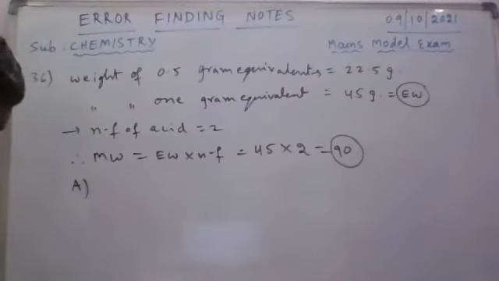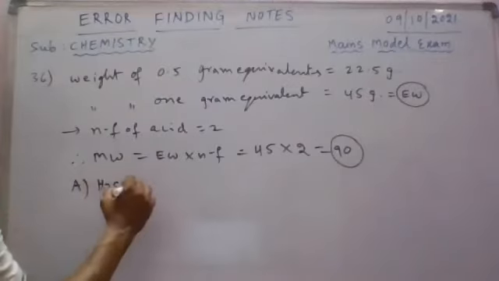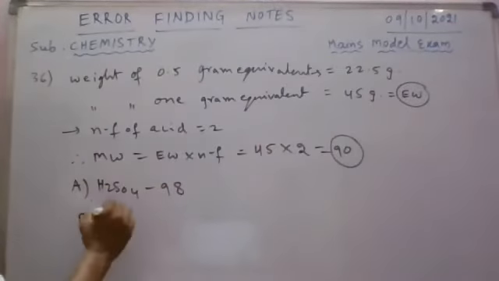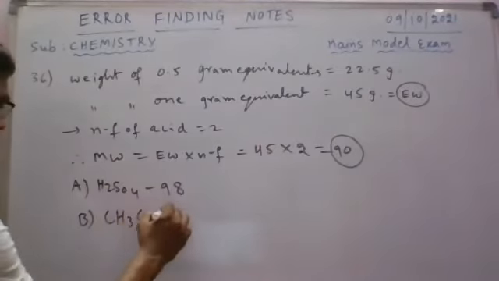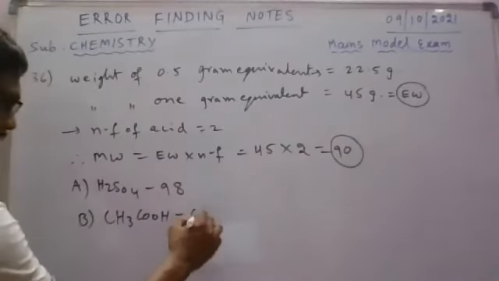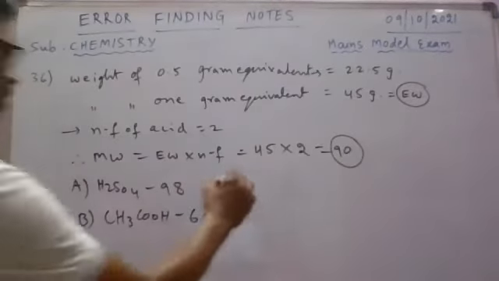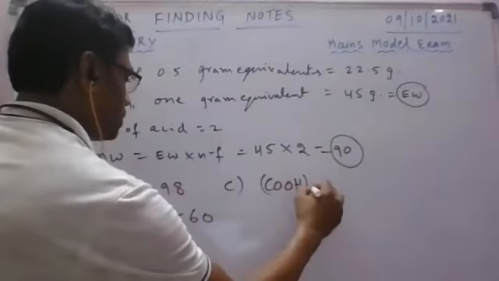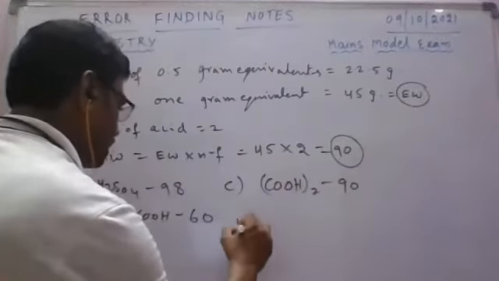Check the options. First, the acid H2SO4, molecular mass 98. Second, acetic acid CH3COOH, molecular mass 60. Next, oxalic acid (COOH)2, molecular mass 90.